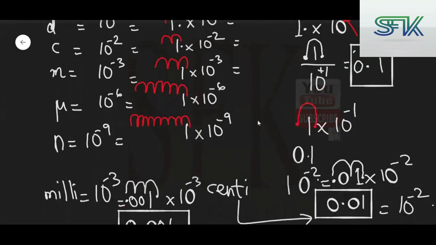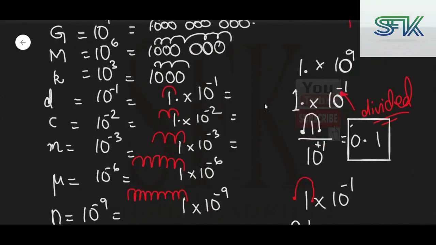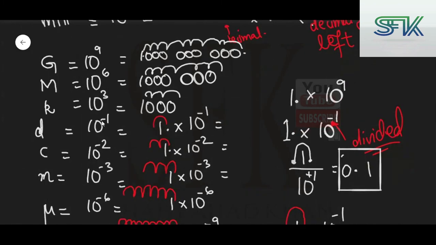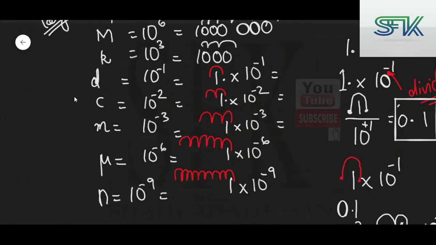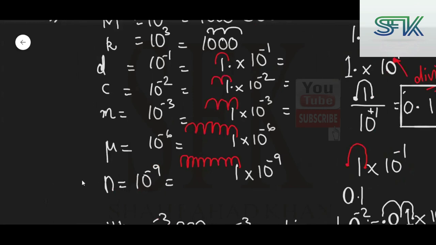And by the way, negative power indicates a smaller number, positive power indicates a larger number. So giga is actually the largest number. I told this in the beginning that I've written it down from largest to smallest, and nano right over here is the smallest number.